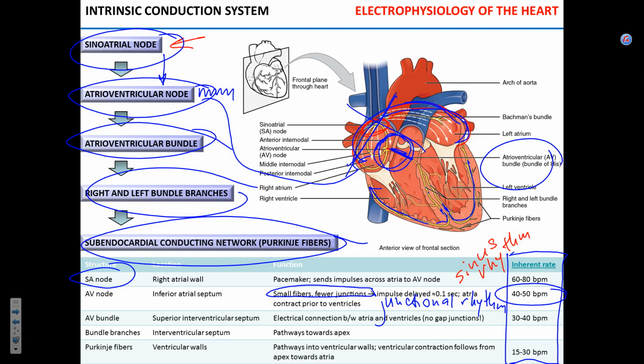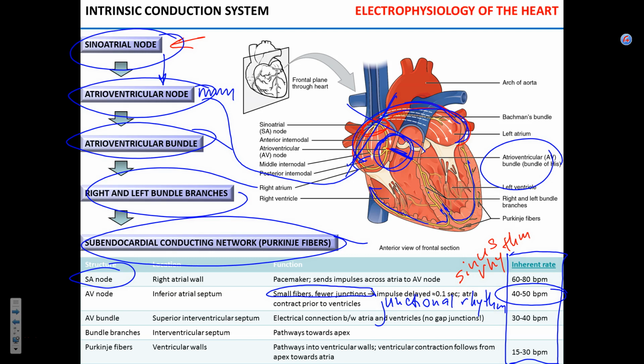Can you survive? Yeah. You're probably not going to be too happy, but you're not going to die right away. If you decide to exercise, then yeah, you have a good chance of dying. But if you have SA block, you're not going to die.